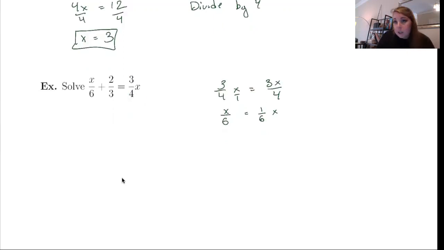But I don't like fractions. So what can I multiply by each one of these things to get me out of the fraction world? I think I want to multiply everything by 12 to get rid of fractions.